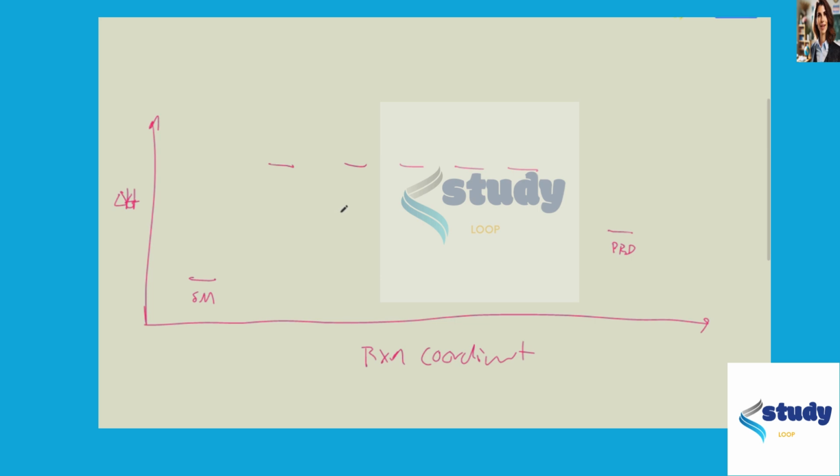It doesn't really matter, because what matters is that the barrier for getting to TS3 is higher than any other barrier. So that just means if we put the intermediate down here, for example, none of the other intermediates can have this low of energy. That's all.